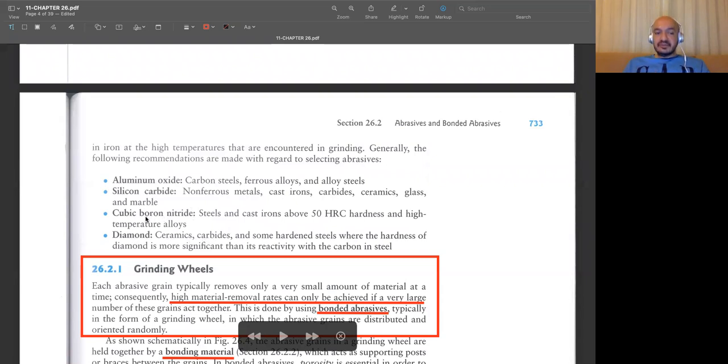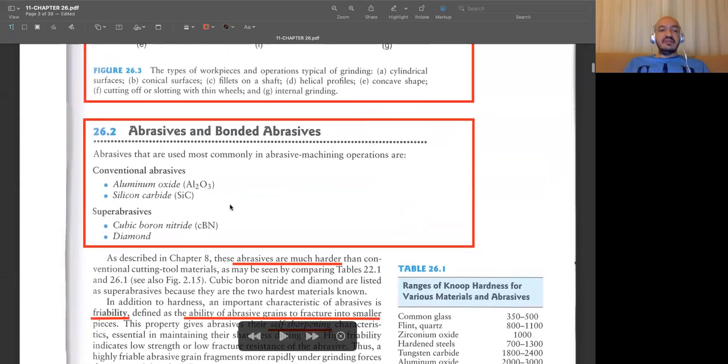If that's the case, you should be using cubic boron nitride, but there might be some exceptions. If the hardness of your tool is much more important than the reactivity of diamond with carbon in the steel, then you may still go with diamond. But most of the time, we don't prefer to use diamond for steels. Instead, we prefer to use cubic boron nitride abrasives or bonded abrasives.